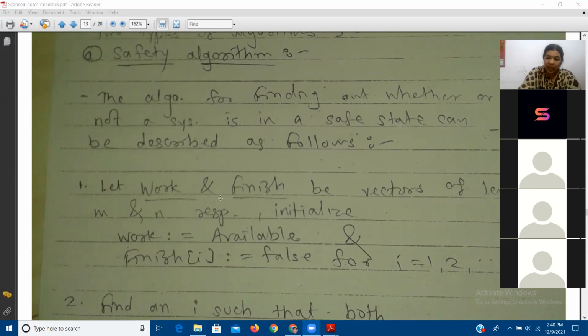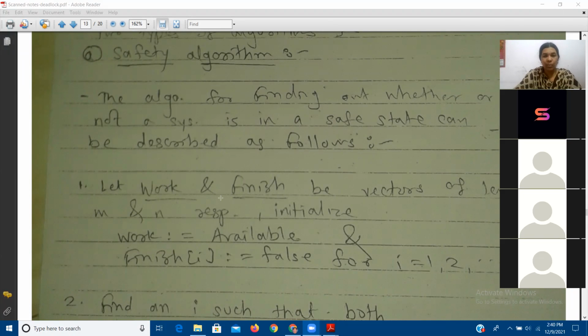Okay, and this 5, 2, 2, this is the allocation. 5, 2, 2 is the allocation, and this 5, 2, 7 is the need. And what is the max? Max is nothing but 10, 4 and 9. So max is 10, 4, 9. Allocation is 5, 2, 2, and from the max and allocation we calculated the need 5, 2, 7.